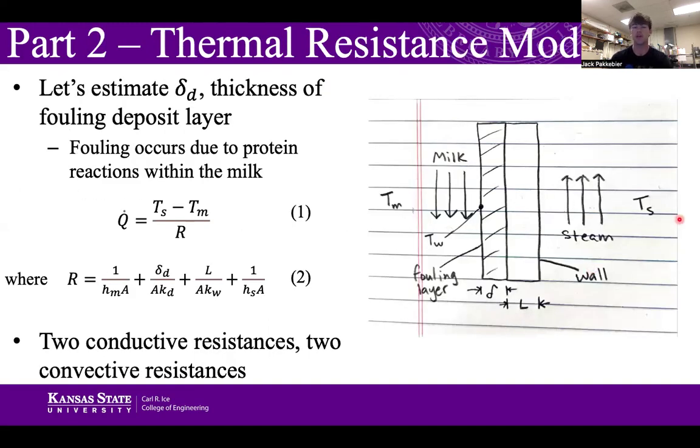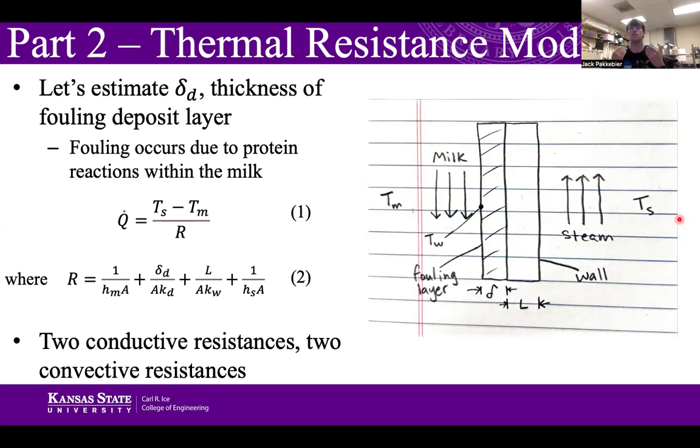So starting off part two, I considered a thermal resistance model. The main issue that I thought was very interesting when considering pasteurization, and was brought to my attention by Sahu et al., was that fouling is a considerable thing to be considered within the pasteurization unit.